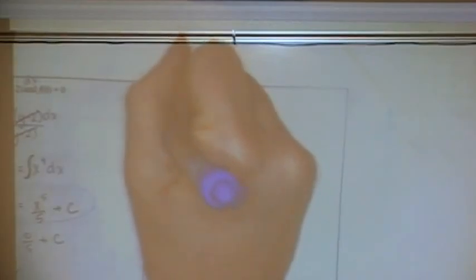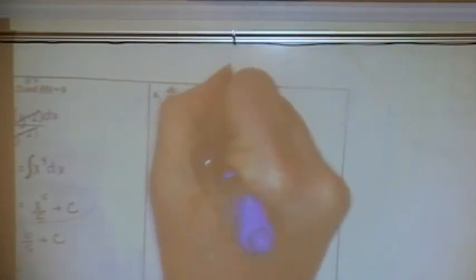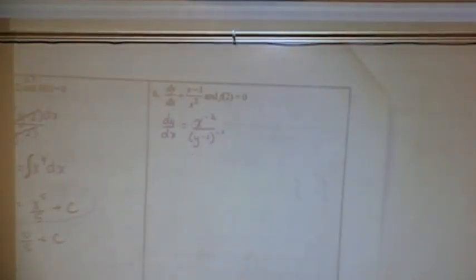So dy dx, I'm not doing anything to that side yet, equals x to the negative 2, because he got mad when I moved him upstairs. Y minus 1, he got mad when I moved him downstairs. Everybody okay? Yes. Alright, so cross multiply.